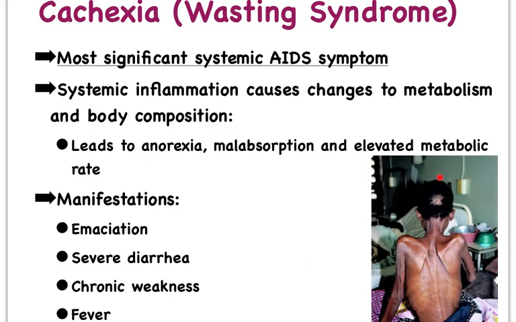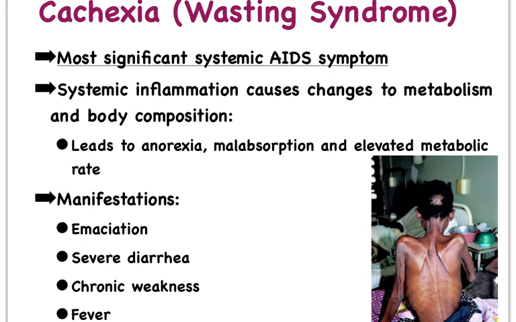Cachexia, or the literal wasting syndrome, as you see here in this poor guy, is very, very characteristic of an AIDS patient. It's the most significant systemic AIDS symptom. So basically, regardless of how much these people eat, how much nutrition they take in, they really cannot maintain their body weight, their muscle mass.